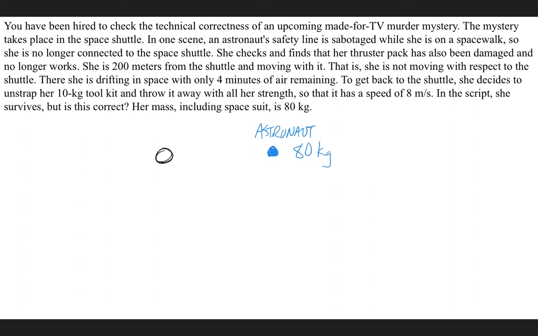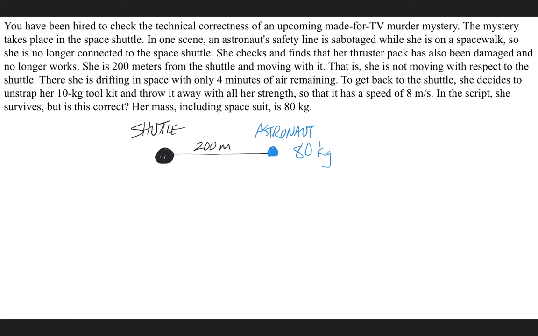There is a space shuttle, which I'm exaggerating the relative size, obviously. An astronaut's not quite that big. And there is this distance between them of 200 meters.